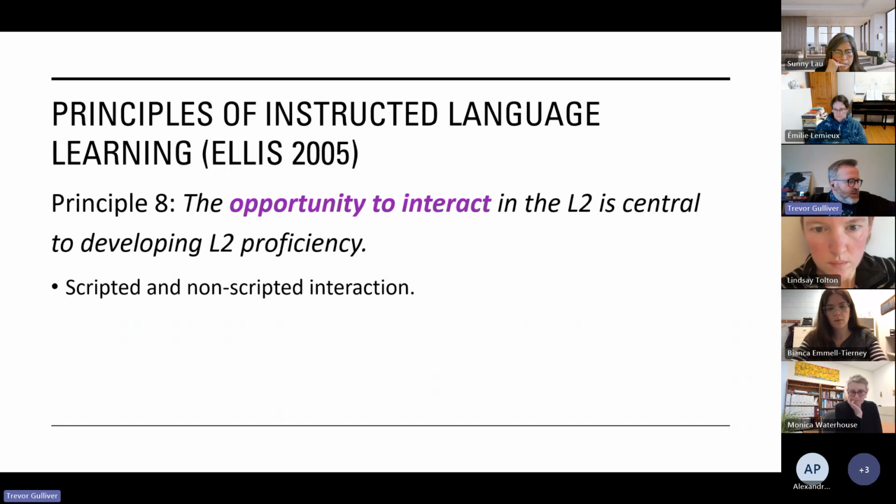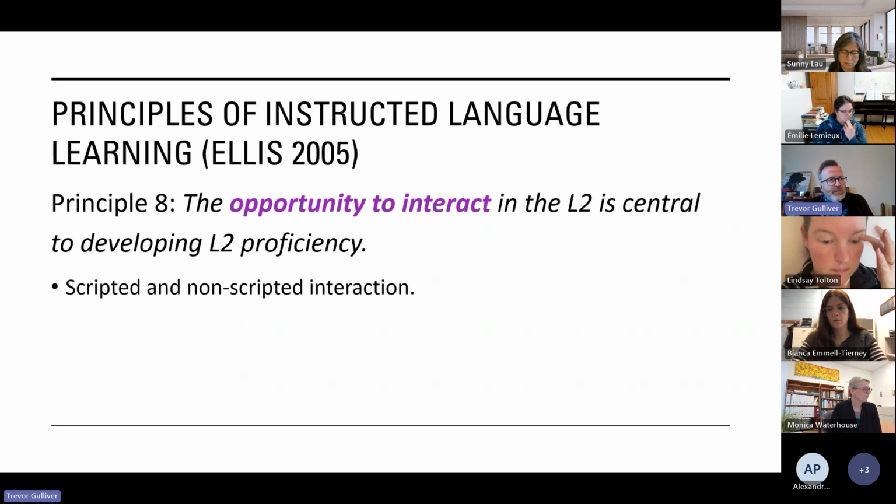Ellis also proposes that the opportunity to interact in the L2 is central to developing L2 proficiency. And I think some types of drama activities give us a lot of really unscripted, spontaneous, small group interaction, not the play itself, but the preparing for the play: getting a skit ready, deciding what to make your skit about, discussing what the character should do next.